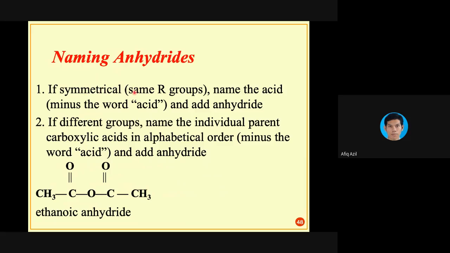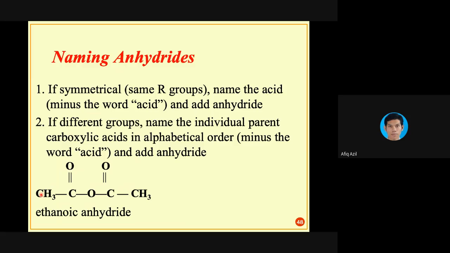What does it mean by symmetrical? That means both of the R groups are the same. If you have, let's say, propanoic acid, both sides having 3 carbons, then it will just be propanoic anhydride. If different groups, name the individual parent carboxylic acids in alphabetical order minus the word acid and add anhydride.